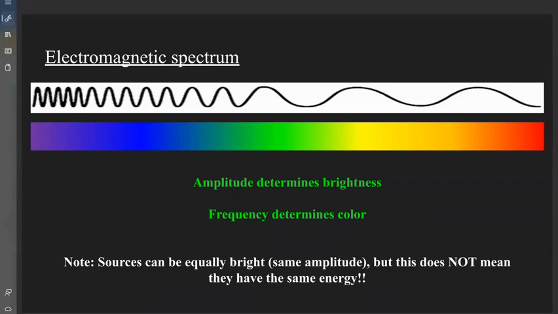So a couple notes here. Amplitude. So that's how big the wave is. Amplitude right here, or let's say it was like this. Amplitude determines your brightness. The frequency, how often it happens, determines the color. And color is related to energy: higher energies are purple, lower energies are red. And the higher energies, I like to remember that they're purple because what do you get burned by?